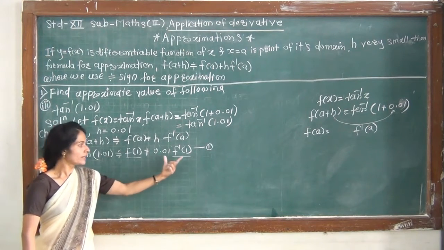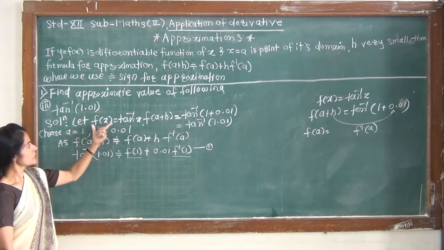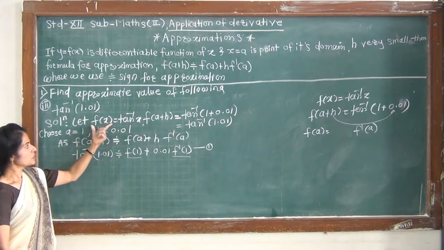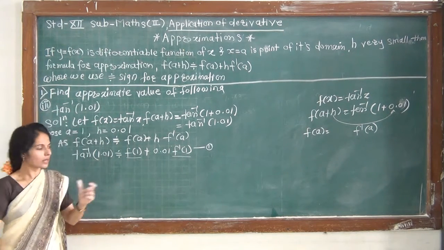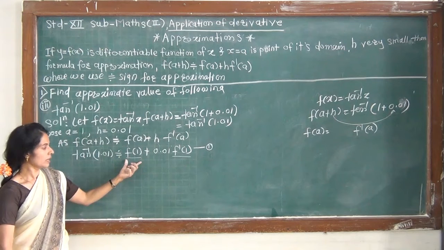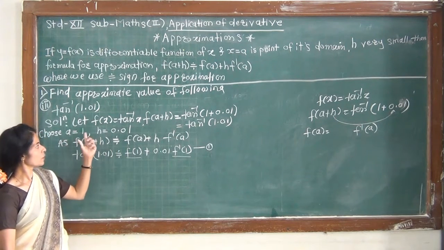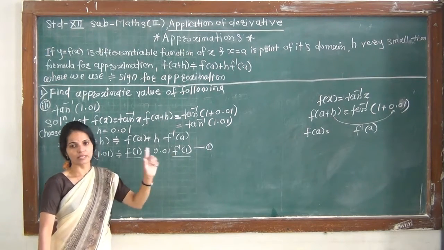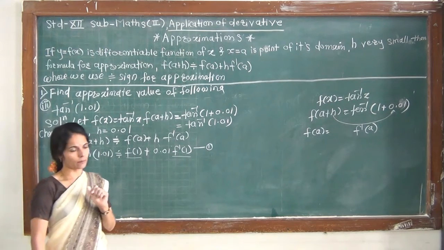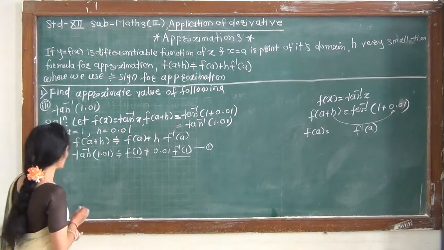For the derivative, we first assume f of x. By using f of x, we find f dash of x, and in f of x we replace the value of a as 1, and in the derivative we replace the value of x as 1. So let me start.